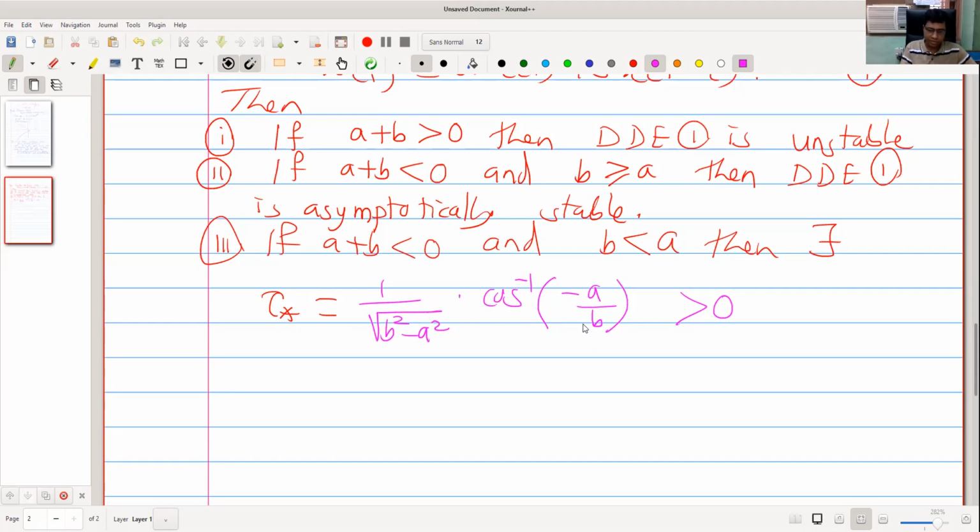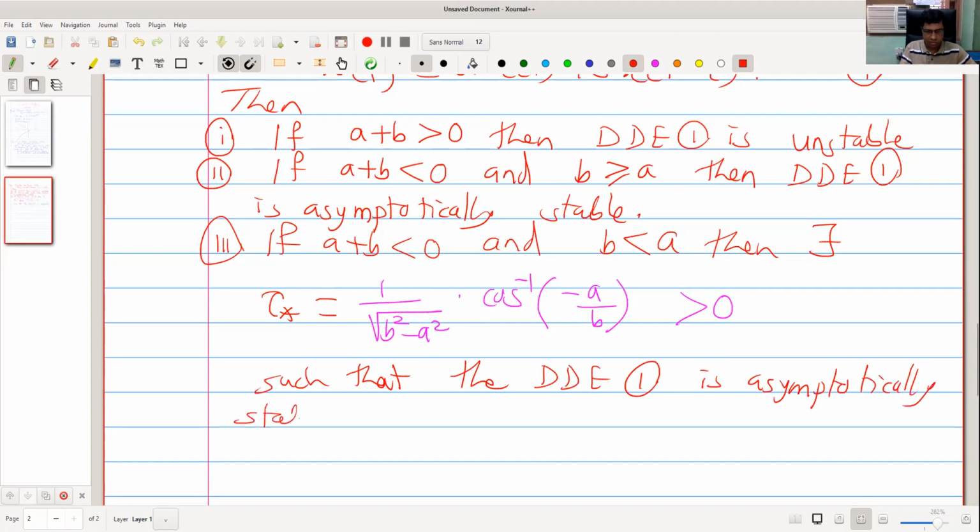So then there exists this delay value tau star such that the delay differential equation 1 is asymptotically stable for 0 less than tau less than tau star and unstable for tau greater than tau star.